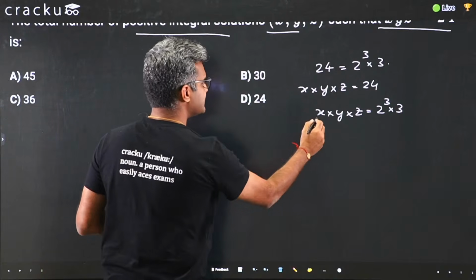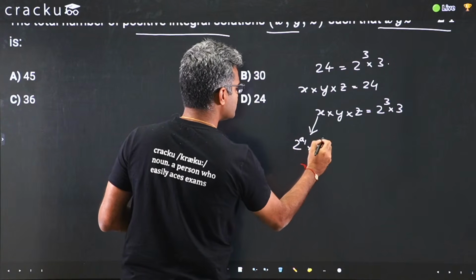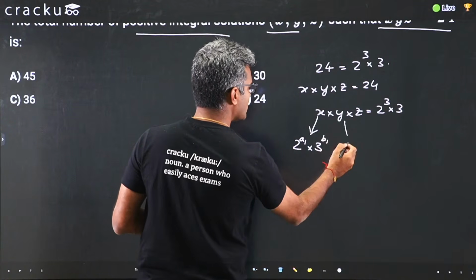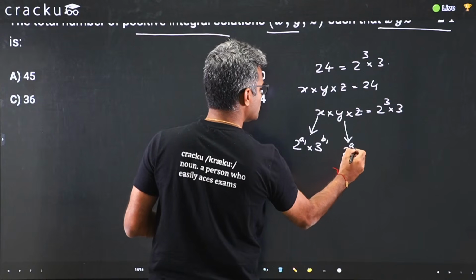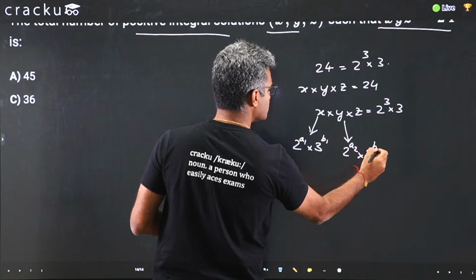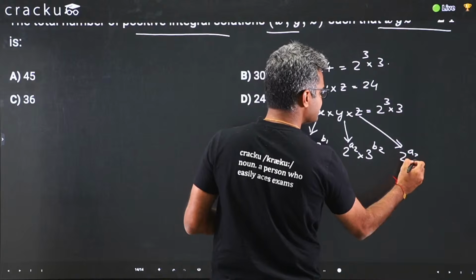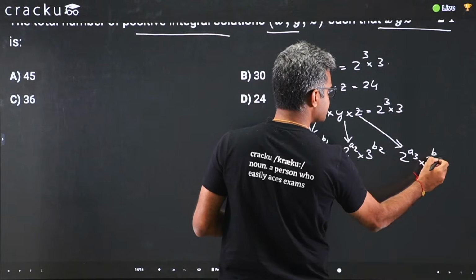Let us assume that x is 2 to the power a1 into 3 to the power b1. Let y be 2 to the power a2 into 3 to the power b2. And let z be 2 to the power a3 into 3 to the power b3.